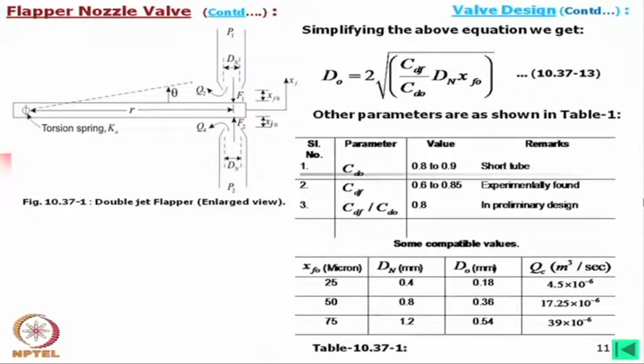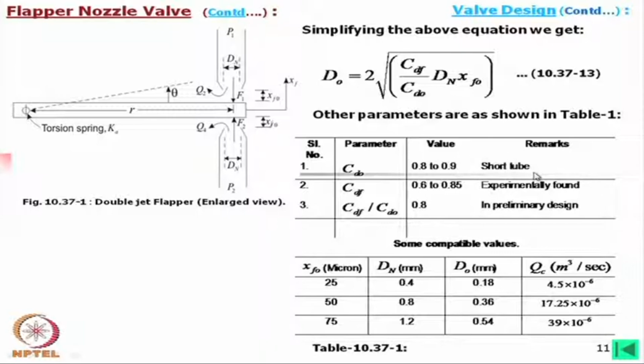Now, other parameters: you can see CD0, the coefficient of discharge at this orifice, is in the range of 0.8, 0.9, where normally we find that 0.6 is a good value for the orifice. That means this is actually a capillary short tube.